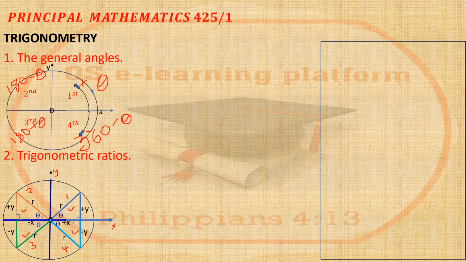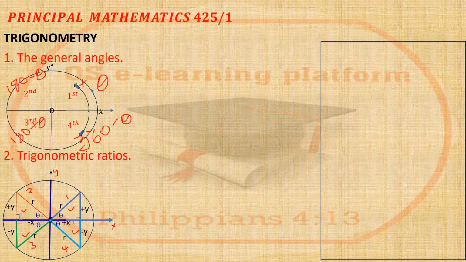Then in the fourth quadrant, the base of the right-angled triangle is positive and the height is negative. But throughout all these triangles, they have the same hypotenuse. Basically, this is the distance from the center to the circumference, and that is what we call the radius.